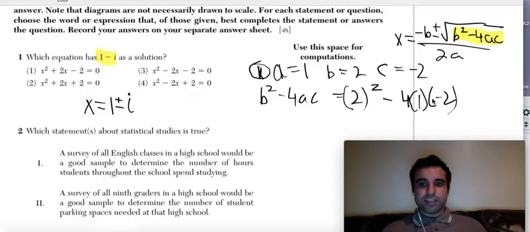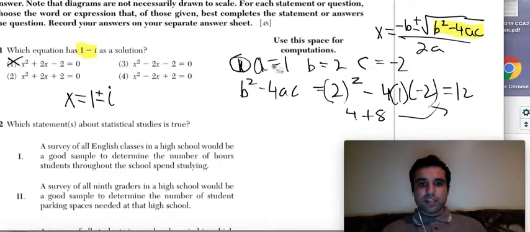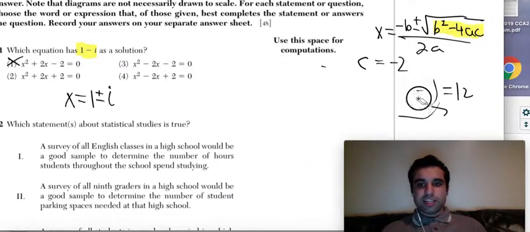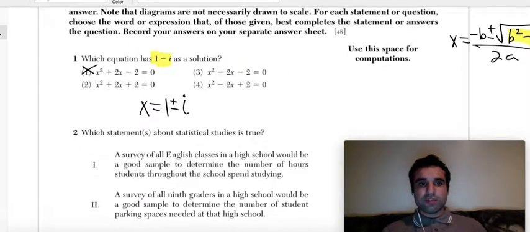You could put that in the calculator. That becomes 4 plus 8, which is 12. The two negatives become positive, and it's 12. So that's no good. I'm just going to erase that, because it has to be a negative value in order to result in i, because you take the square root of negative numbers to get i.